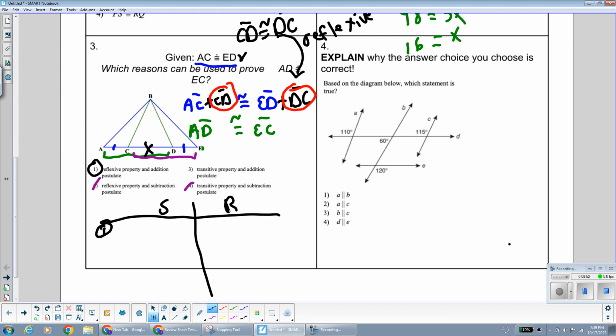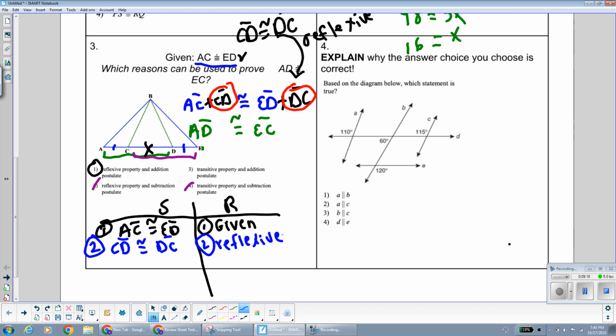So if I'm making a 2-column statement reason chart, the first step would be my given information. Then before I could do my addition, I do need to state that CD is congruent to itself by the reflexive property.